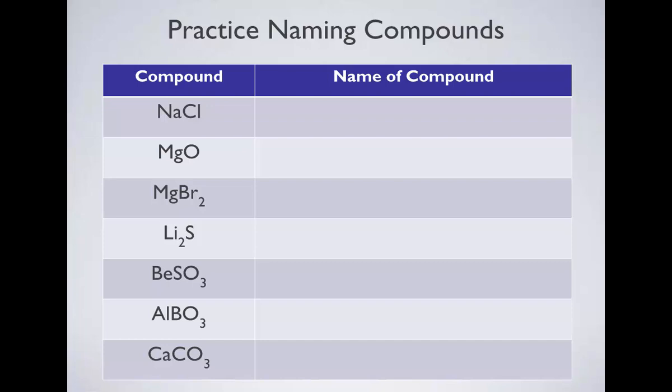So we already did this. NaCl, sodium chloride. What would we name MgO, Derek? Magnesium oxide. How about magnesium and bromine?